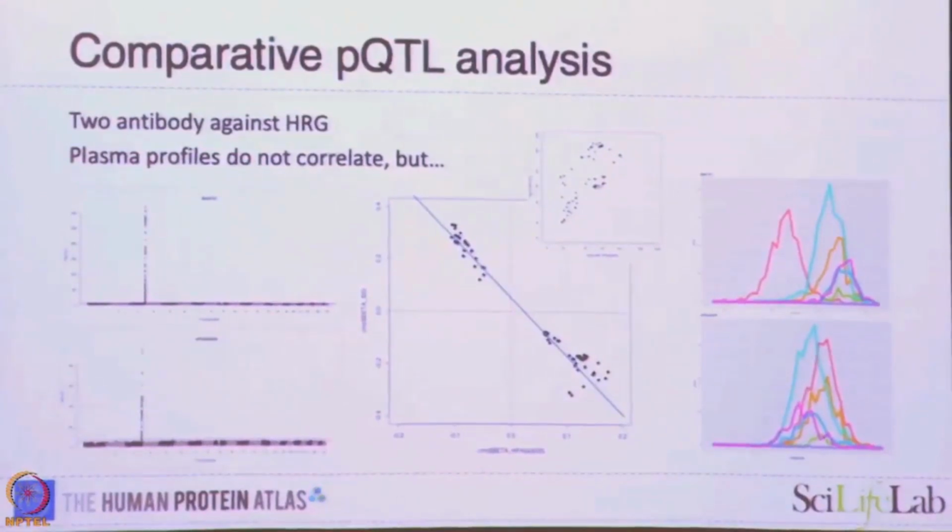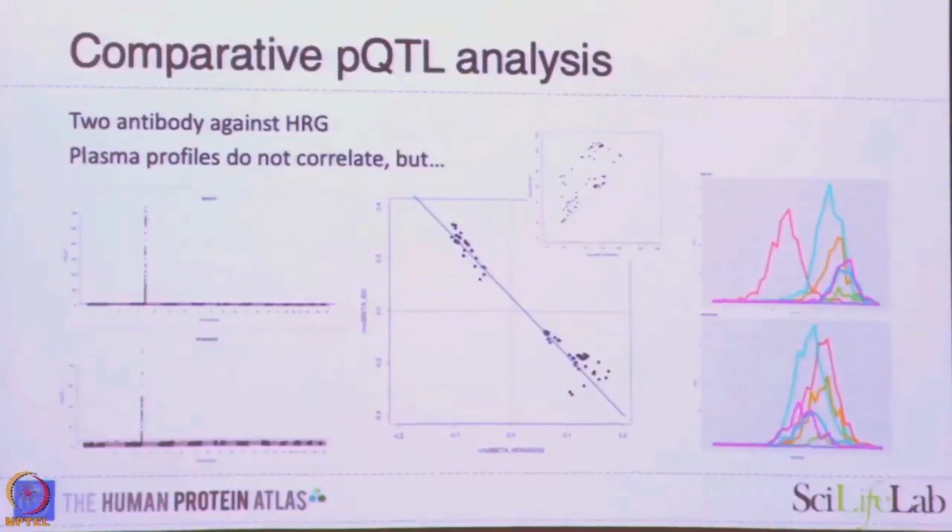And when we correlated the slope, meaning what you do in these pQTLs, you basically have a box plot with 3 different groups: the AA, TA, or AT genotype, and then you superimpose a trend.